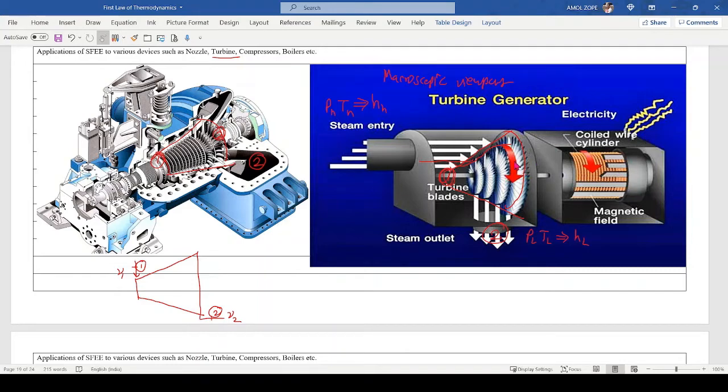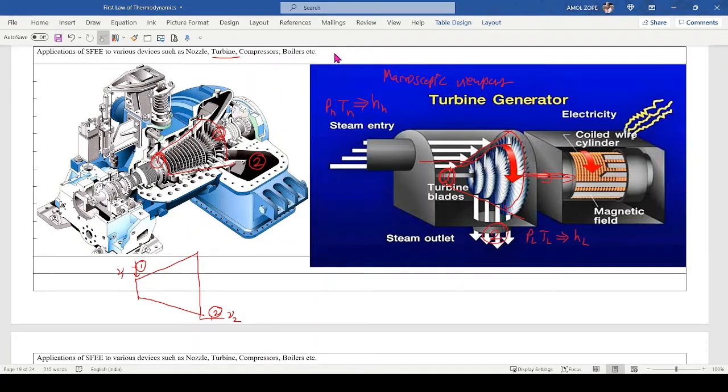And then there is another mechanism which will rotate the shaft, and that shaft is connected to the generator, etc. So forget that. Here, for the turbine, what will be the steady flow energy equation?